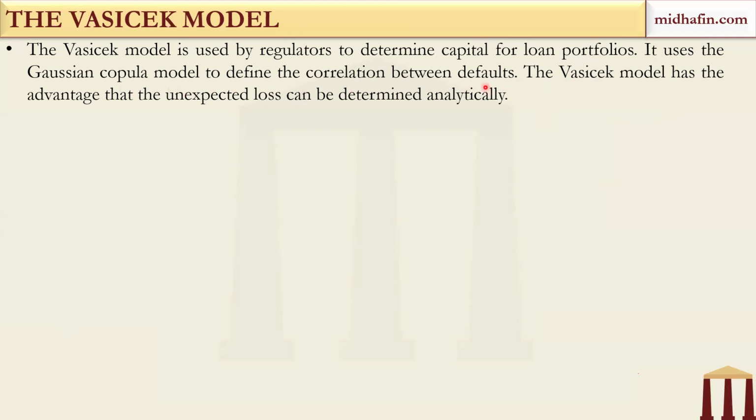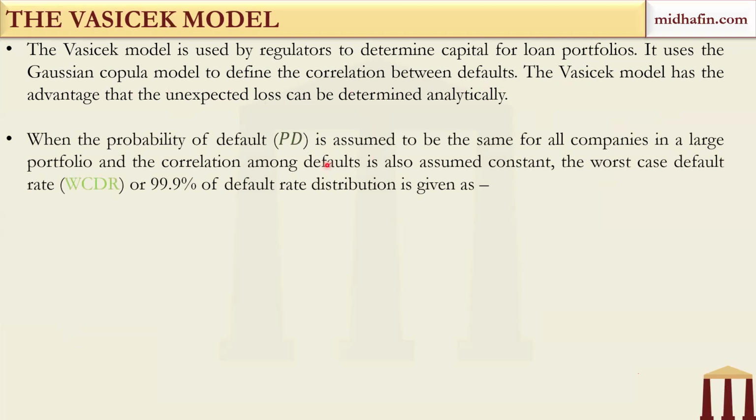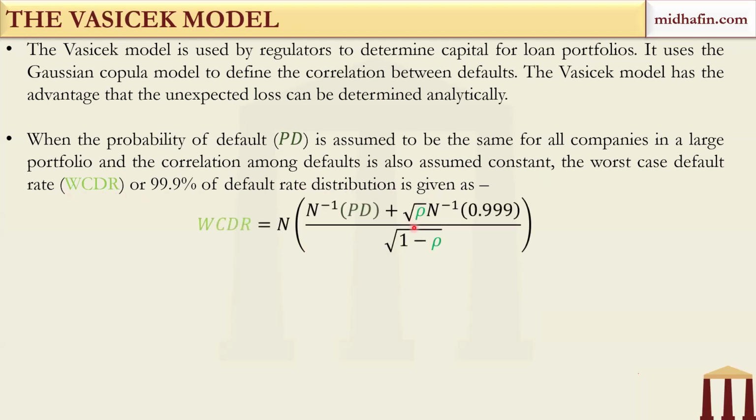It has the advantage that the unexpected loss can be determined analytically. When the probability of default is assumed to be the same for all the companies in a large portfolio, and the correlation among defaults is also assumed to be constant, the worst case default rate, or 99.9% of the default rate distribution, is given as this.